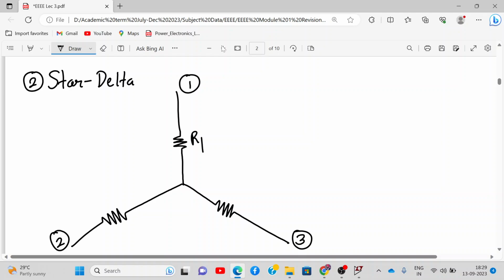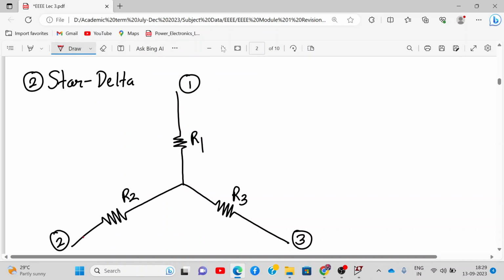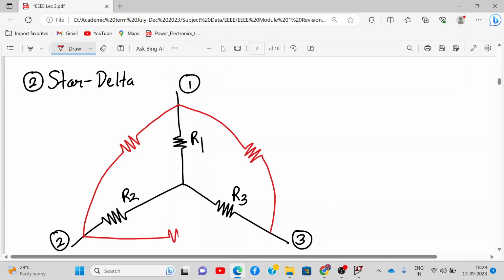Let me call this R1, R2, and R3. Now I need to convert this into delta. So what is delta? A connection between 1 and 2, like this. Then 1 and 3, like this. And here there is another resistor. So I need to go from inner to outer now. So this is RC, this is RB, and this is RA.